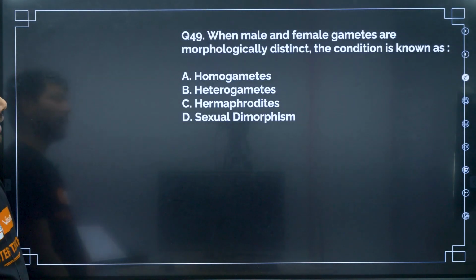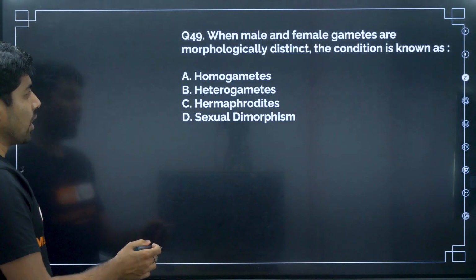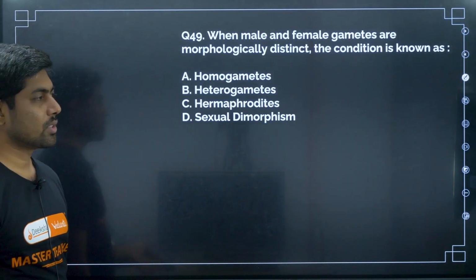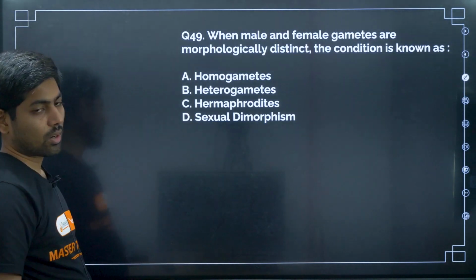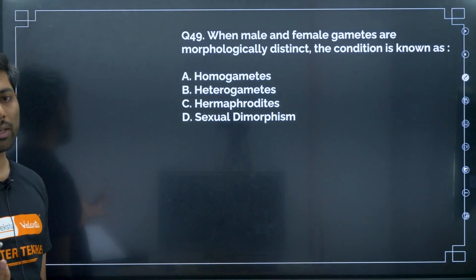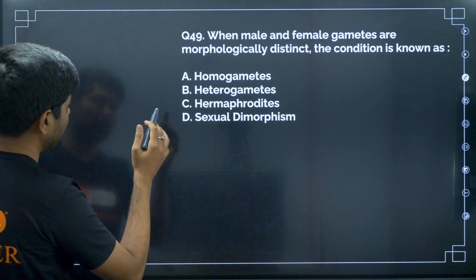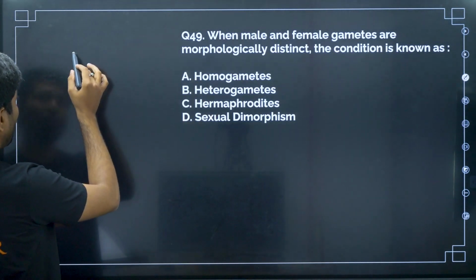49. If the male gamete and the female gametes are morphologically distinct, now this is also from your deleted chapter. Second year, first chapter, reproduction in organisms, is deleted. But it can be considered because isogametes, heterogametes, homogametes are discussed in algae. Therefore I don't know if they're going to delete this question. But this is considered in algae. Therefore what are homogametes?